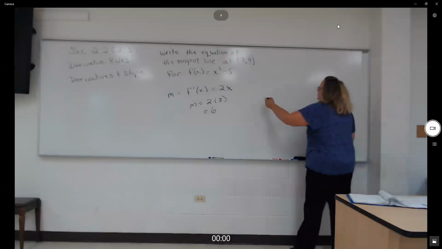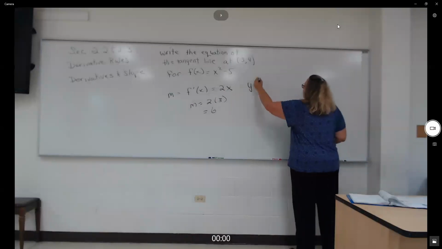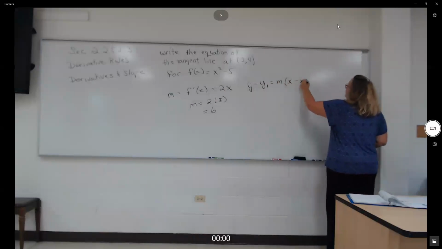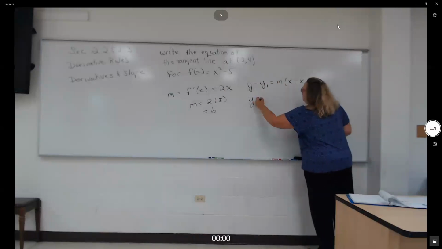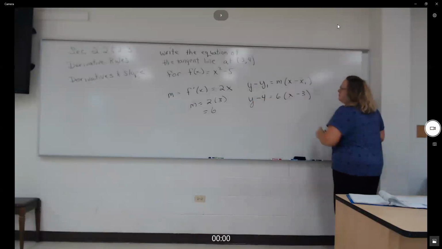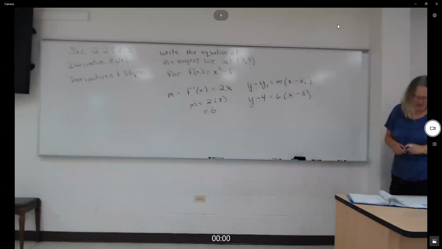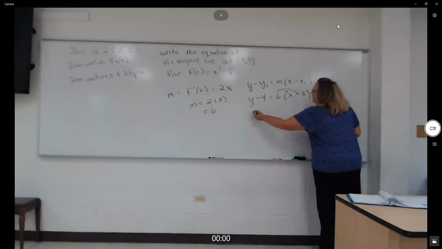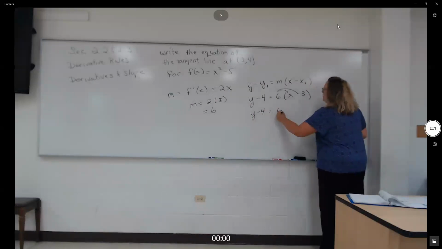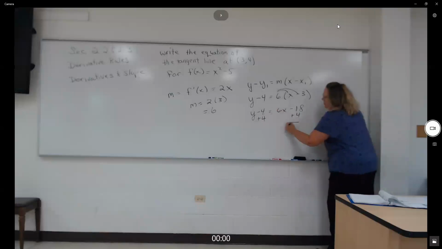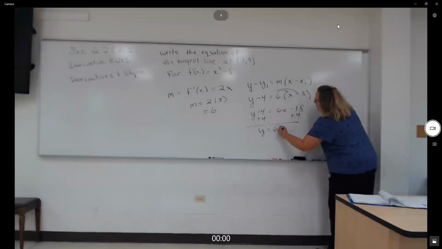And then we go to y minus y1 equals m times x minus x1. So it's going to be y minus 4 equals 6 times x minus 3. Distribute: y minus 4 equals 6x minus 18. Add 4, and so we got y equals 6x minus 14.